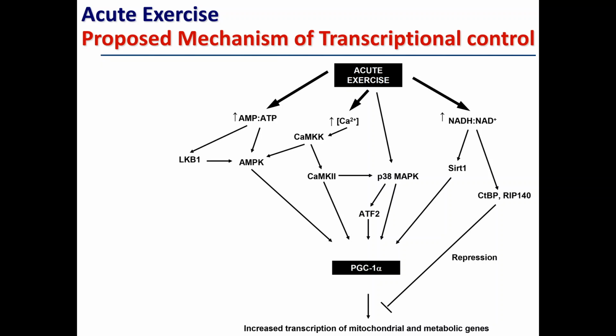So if we have an acute bout of exercise, what we generally see is a higher turnover in ATP. So greater turnover in energy associated with the exercise, and that's picked up by a signal transducer here by an increase in the ratio of AMP to ATP. So this is just sensing ATP turnover.